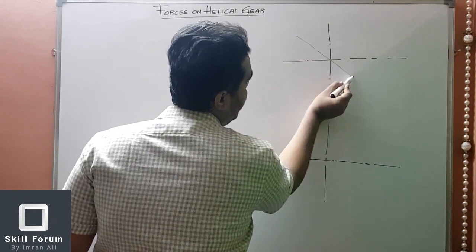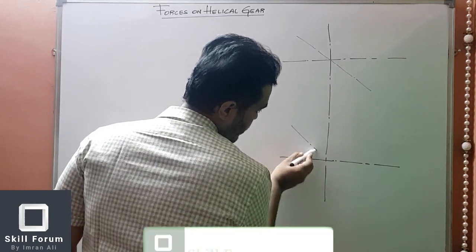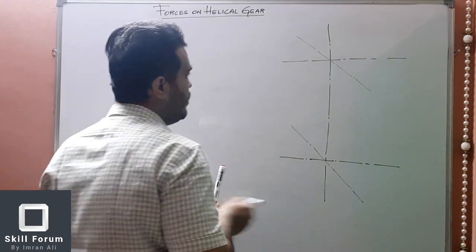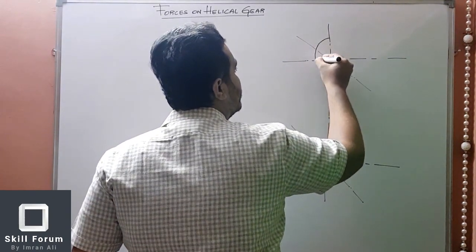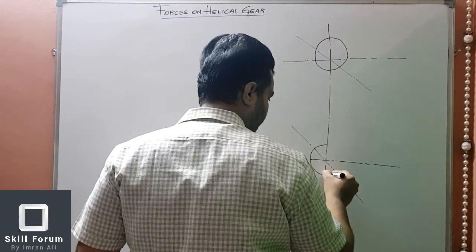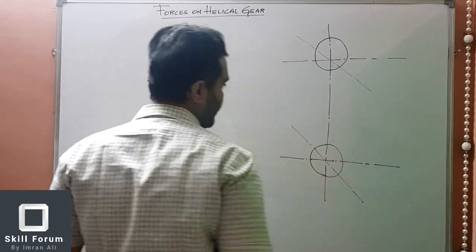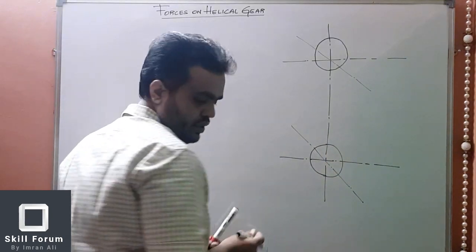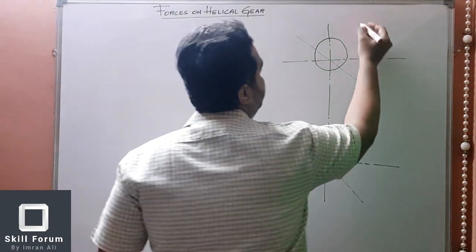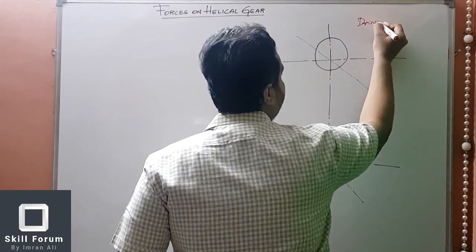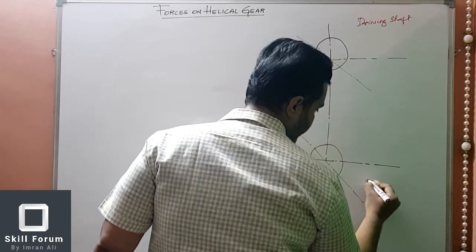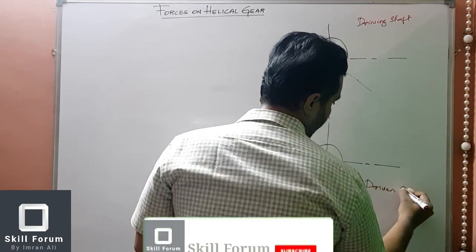This is a horizontal axis, okay. So this is one shaft and this is another shaft, right, okay. So here this is a driving shaft, and this is driven shaft.